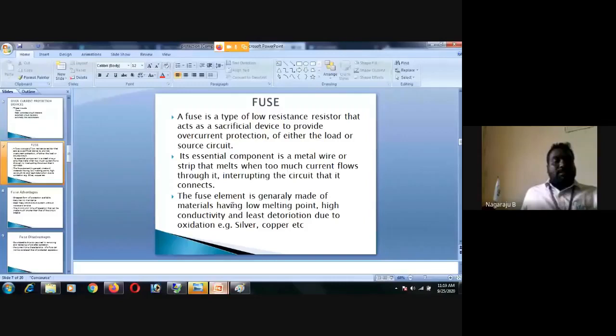If the type of the system for which they are selected is overhead, and if it is a secondary distribution system, in general you will use the open link type of fuse cutout.